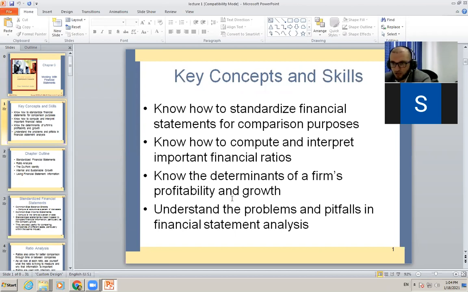You will know the determinants of the firm's profitability and growth. So what mostly affects the financial performance of companies, banks, and any other institutions. And then, of course, you will have some information about the pitfalls and the problems that we face regularly in financial statements analysis.